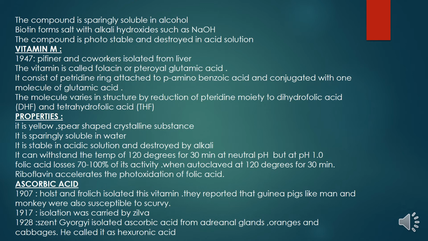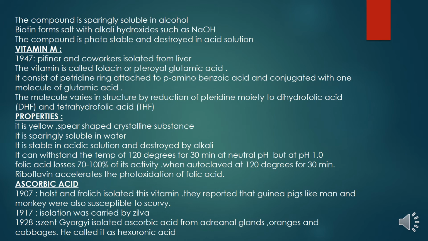It consists of a pteridine ring attached to p-aminobenzoic acid and conjugated with one molecule of glutamic acid. The molecule varies in structure by reduction of the pteridine moiety to dihydrofolic acid, called DHF, and tetrahydrofolic acid, THF.